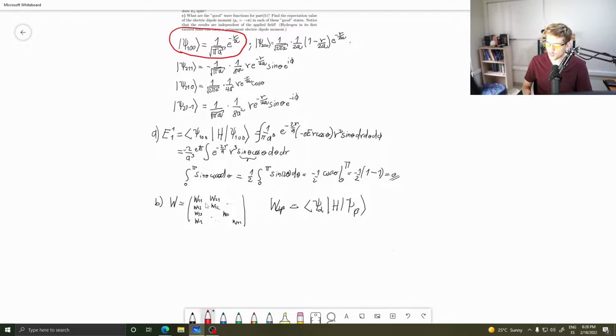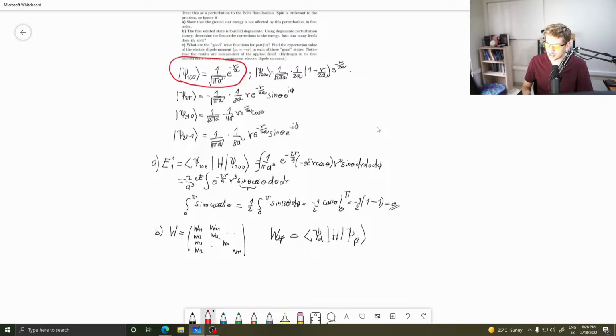So we need to make sure that we label all of these states. It doesn't matter which one we label with which name, but you have to be consistent. So this will be state 1, this will be state 2, this will be state 3, and this will be state 4. Okay, so now let's begin.